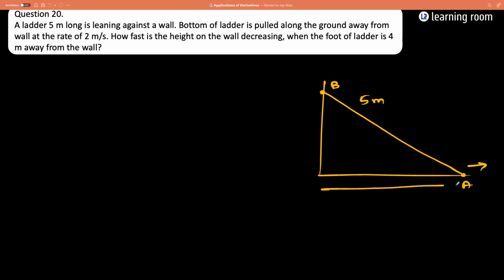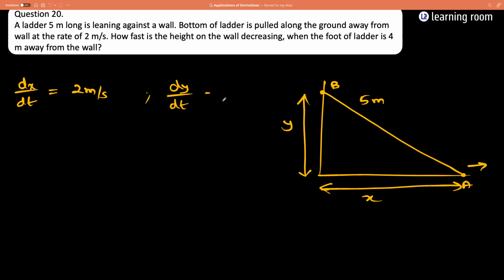If I take this distance to be x and this distance to be y, then dx by dt is going to be equal to 2 meters per second. So dy by dt is equal to how much, when the foot of the ladder is 4 meters away from the wall? How to proceed?